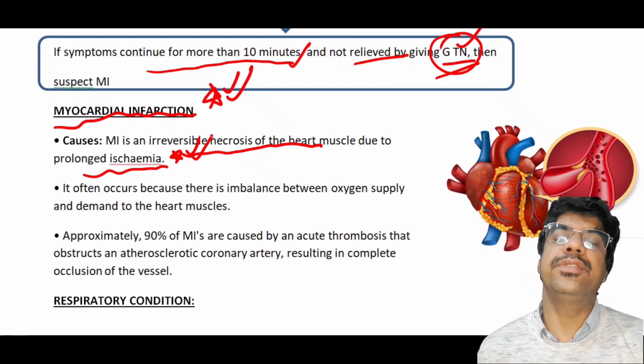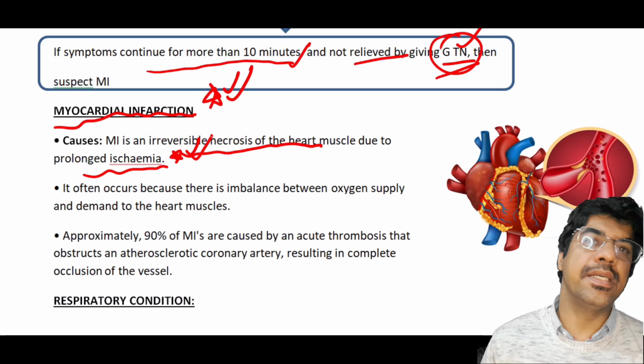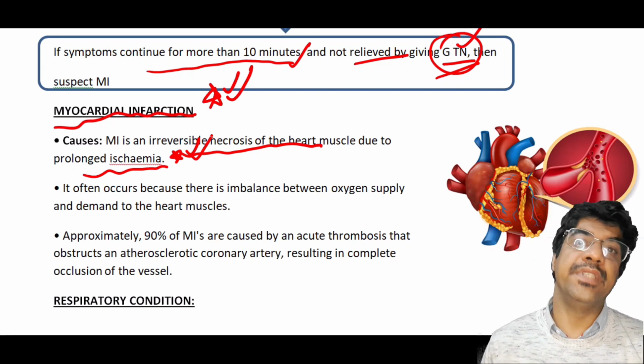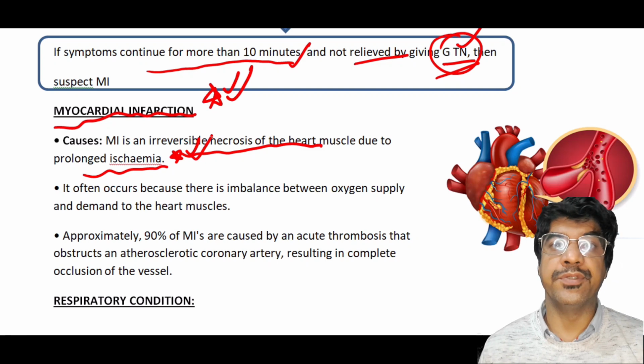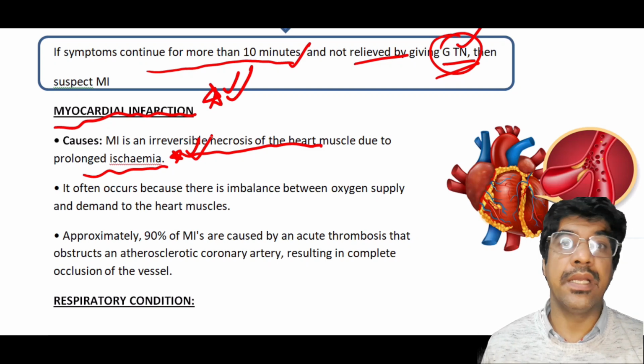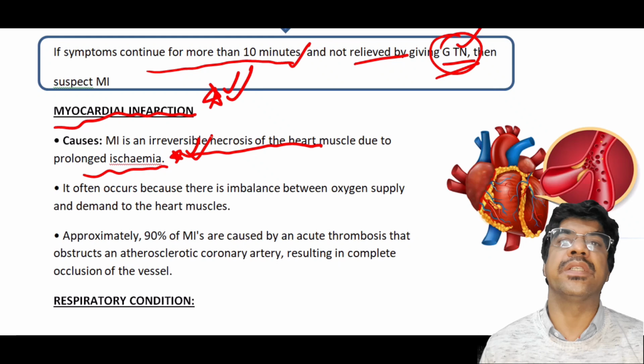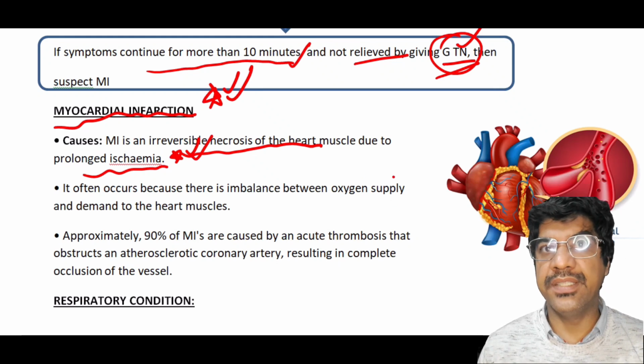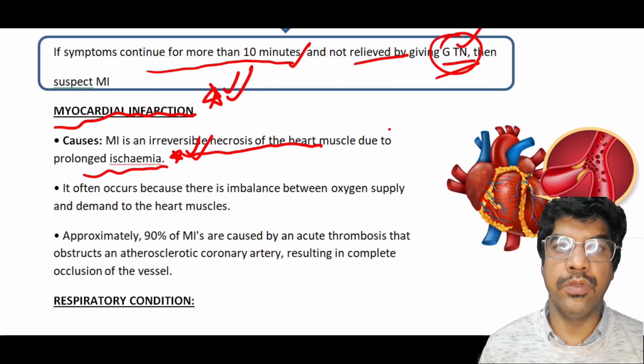In the context of dental extraction in the dental chair, the stress, the anxiety, and the physical exertion associated with the procedure can trigger or worsen the myocardial infarction. Now, what are the signs and symptoms of MI? You can see severe chest pain.